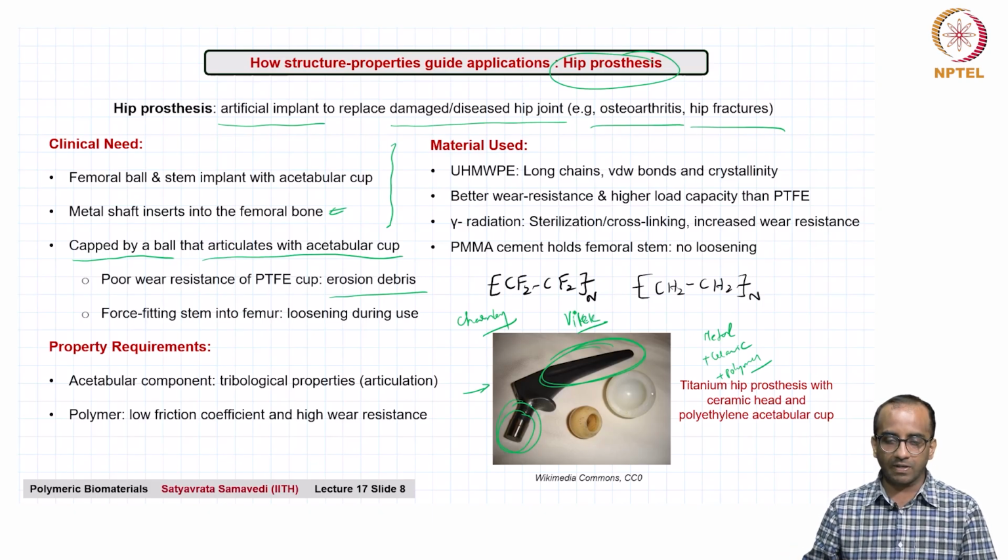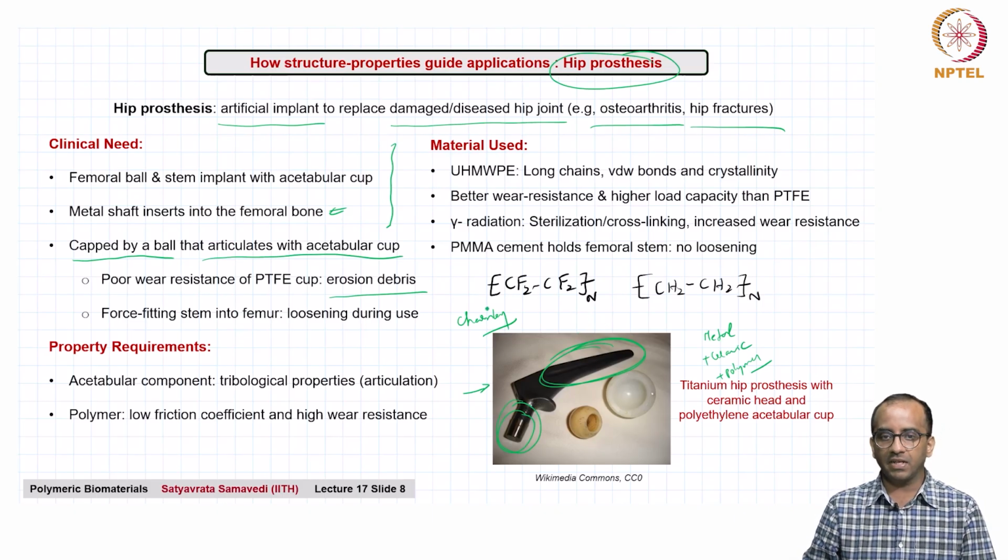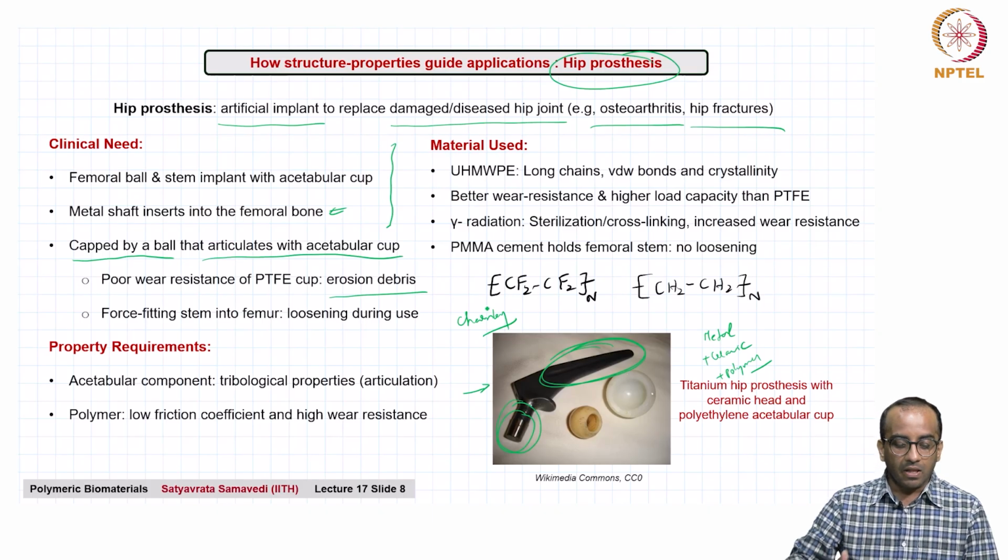So, this is something that we have seen in one of the earlier lectures. Nevertheless, Charnley had already tested PTFE and it wasn't giving very good results. Of course, it was still better than metal on metal implants, which he was trying to avoid for various reasons, including squeaking noises, metal ion leaching into the bloodstream, etc. But PTFE obviously was not doing a very good job.